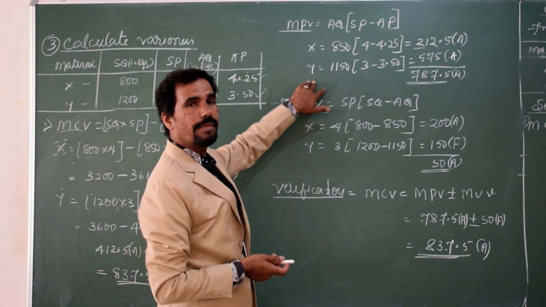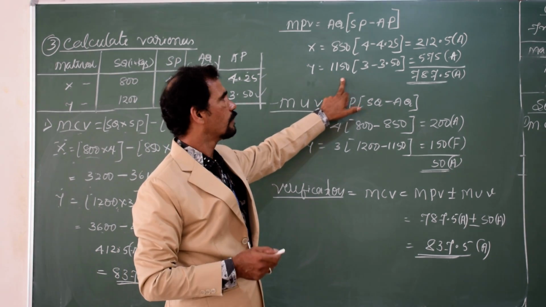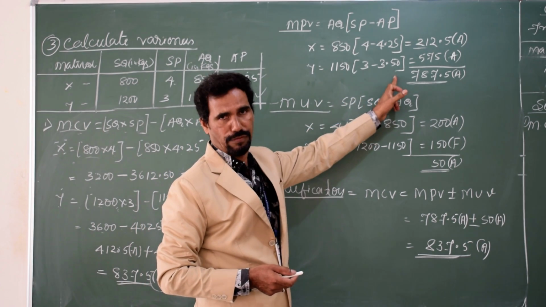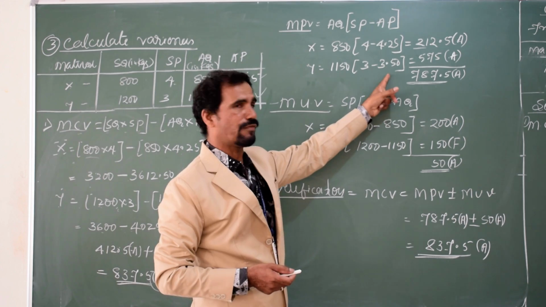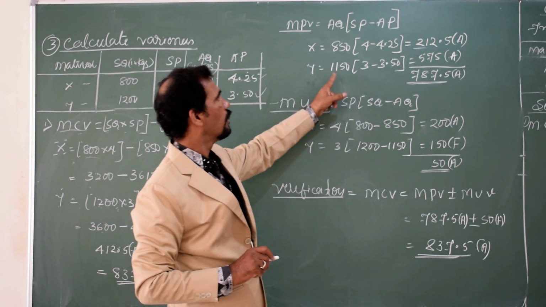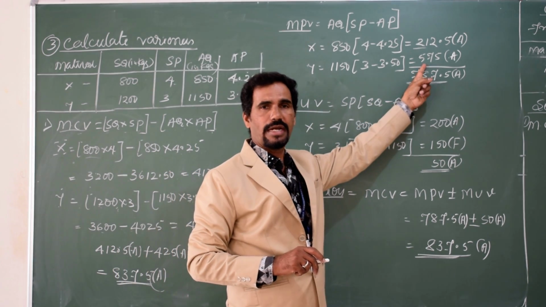Come back to material Y, it is the same. Actual quantity 1150, standard price 3 rupees, minus actual price 3.50, a difference of 0.50. 0.50 into 1150, the answer is 575.